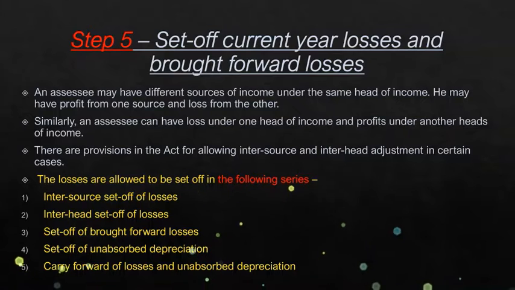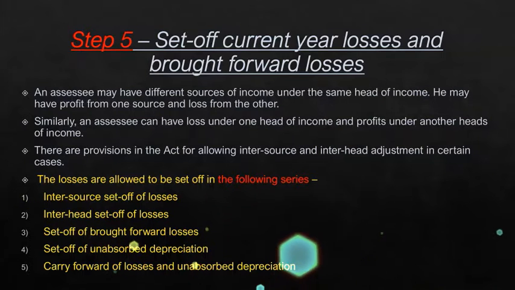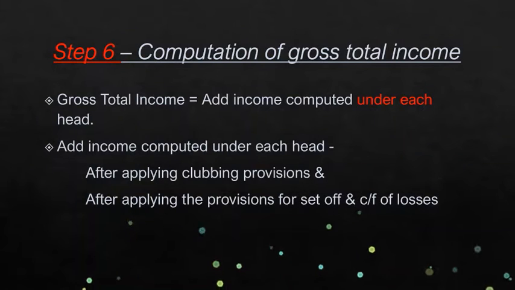There are provisions in the Act for allowing inter-source and inter-head adjustment in certain cases. The losses are allowed to be set off in the following series. Inter-source set off of losses. Inter-head set off of losses. Set off of brought forward losses. Set off of unabsorbed depreciation. Carry forward of losses and unabsorbed depreciation.